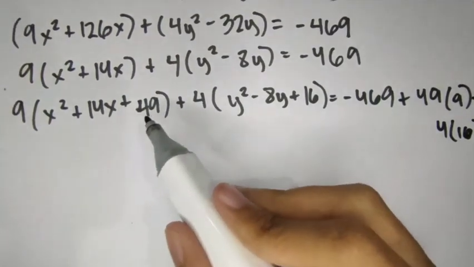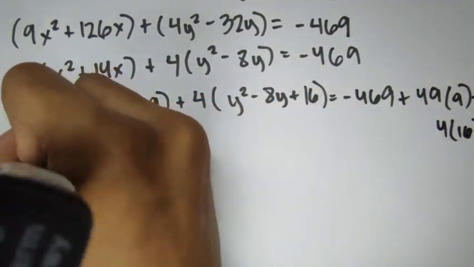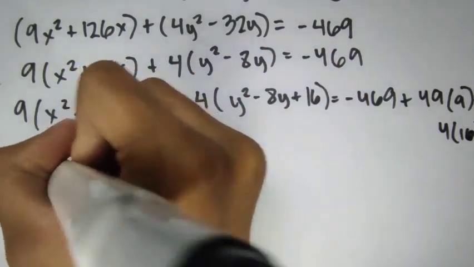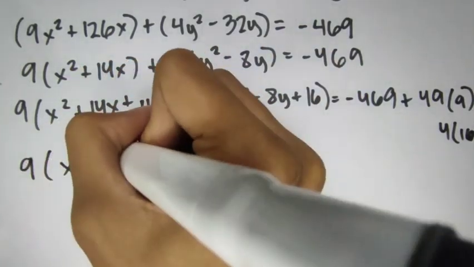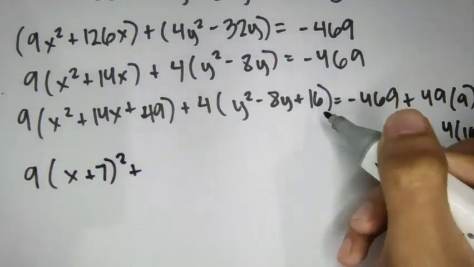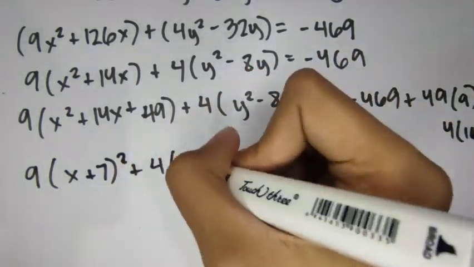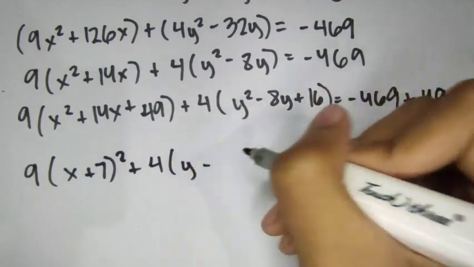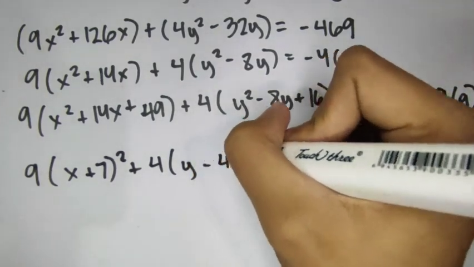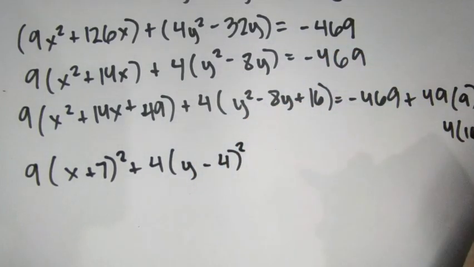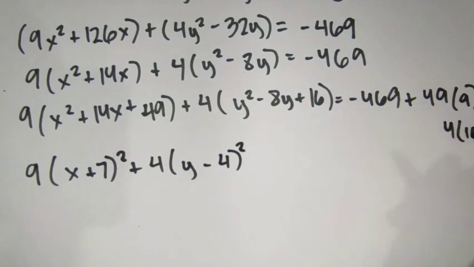Then we will make this perfect square trinomial into a square binomial, making it 9 times x plus 7 quantity squared. And then we will do the same to the y variable, making it 4 times y minus 4 quantity squared equals to this.